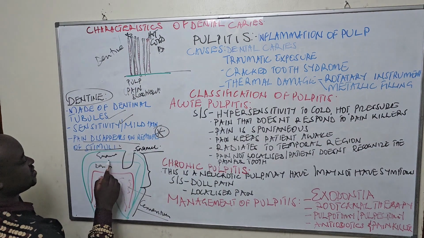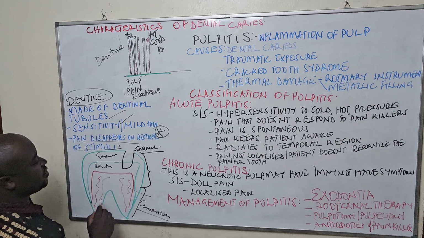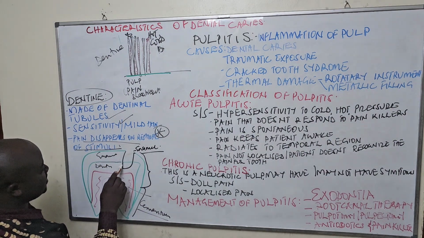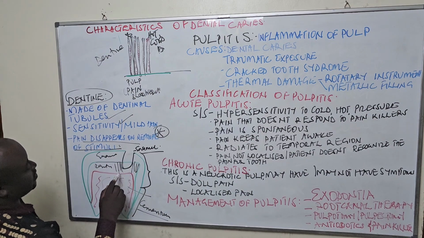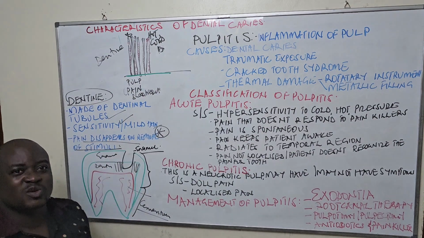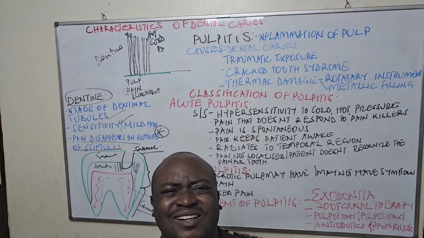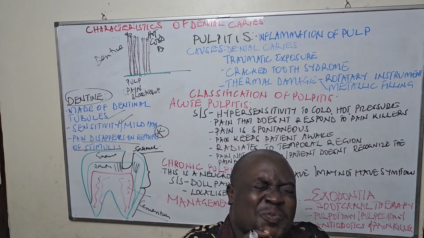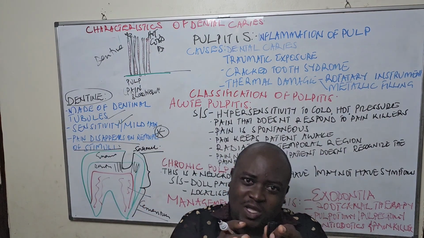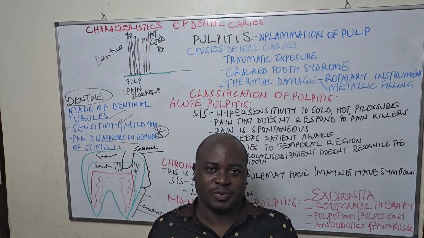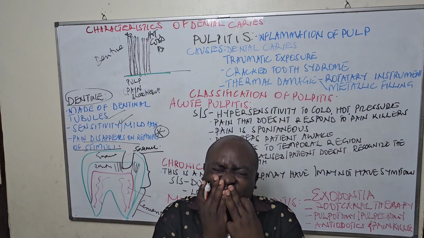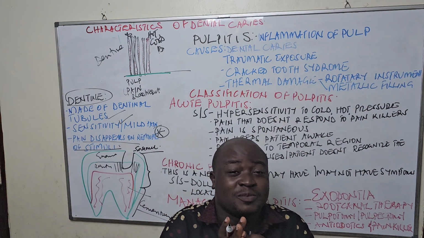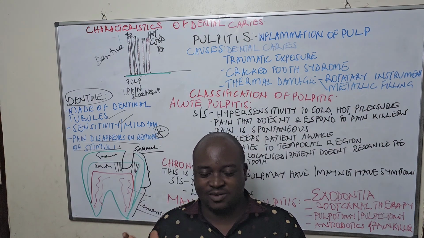Once it has finished reaching past this enamel, now pain can begin, and it is in this part which has the tubules. This person, when you take a cold soda or a cold drink, you feel pain. But once you stop, there's no pain. Once cold air passes, you close the mouth, you feel you are having pain. After some time, you get relieved.